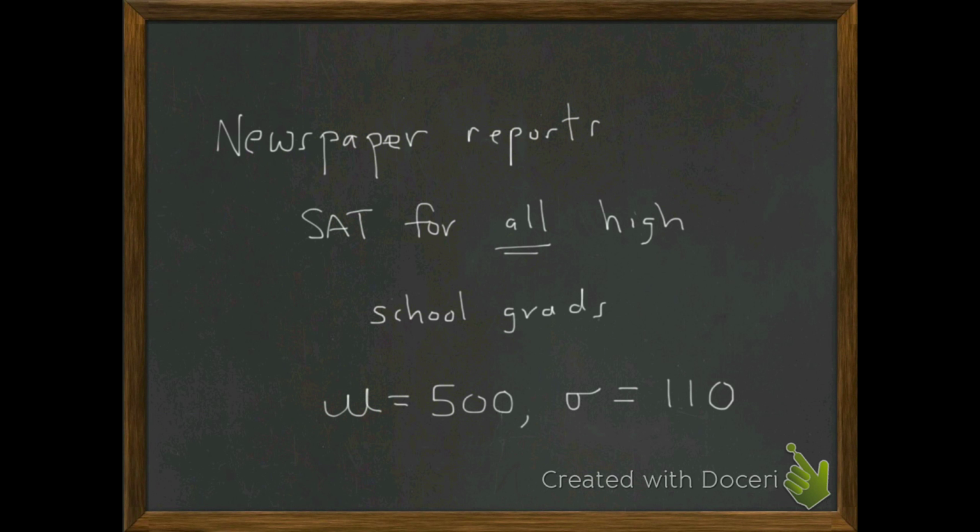Now, I'll tell you what. Let's not do that. There's a reason I don't want to do that. Because I want to show something new. So this says that the mean SAT for all high school grads is 500.